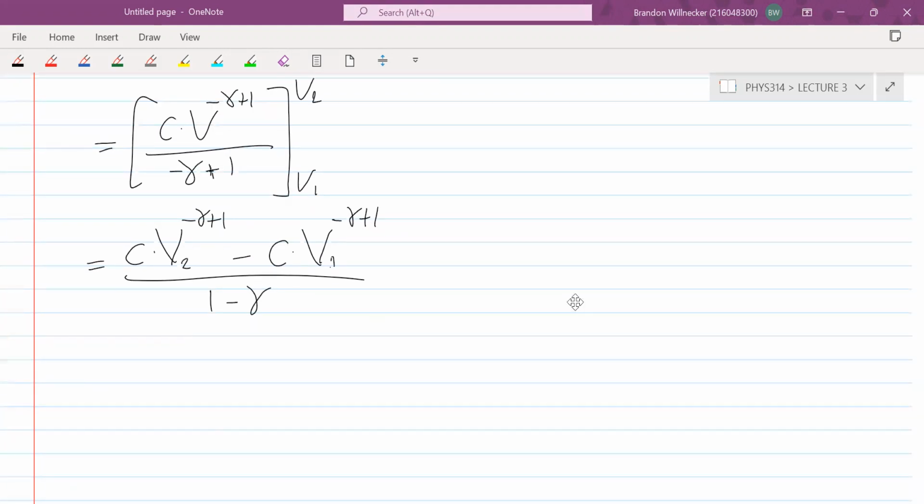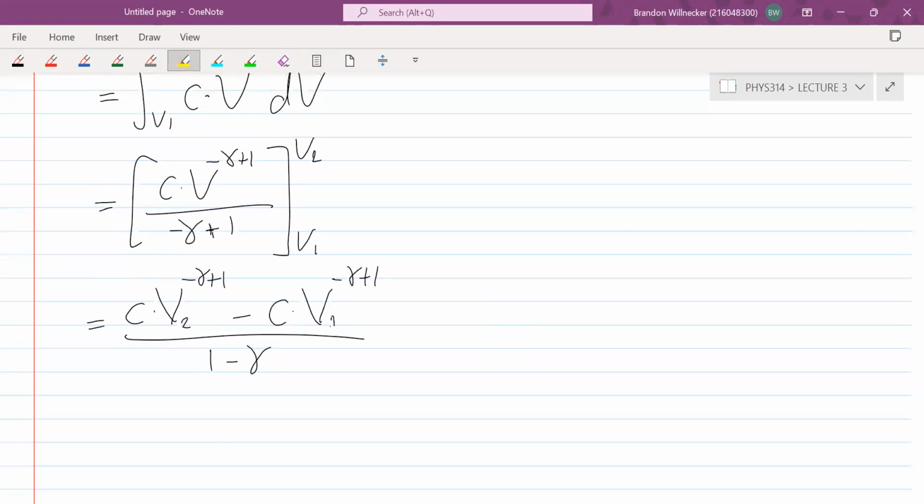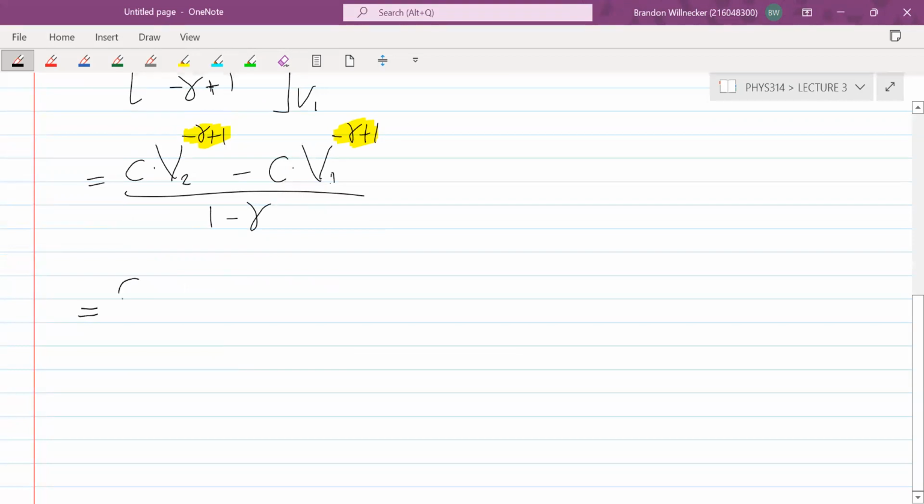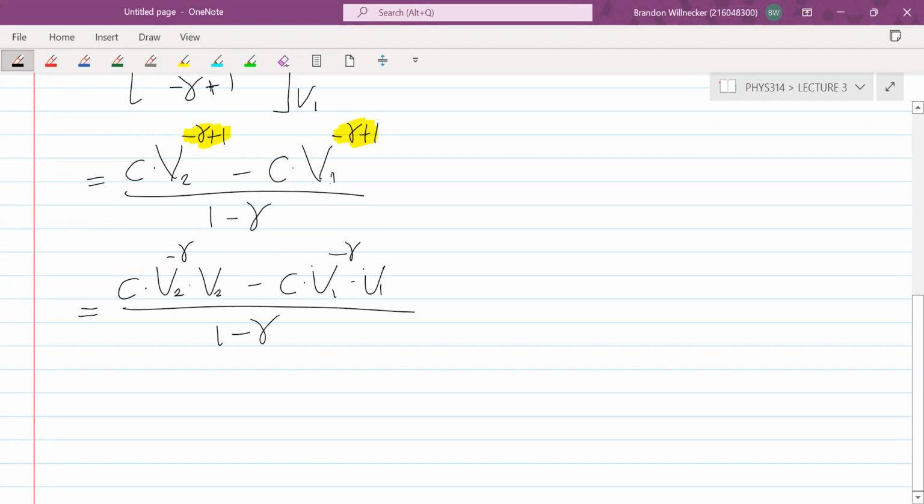In the numerator, we can separate the exponent into two parts. So this is C times V2 to the minus gamma times V2, minus C times V1 to the minus gamma times V1, all over 1 minus gamma.